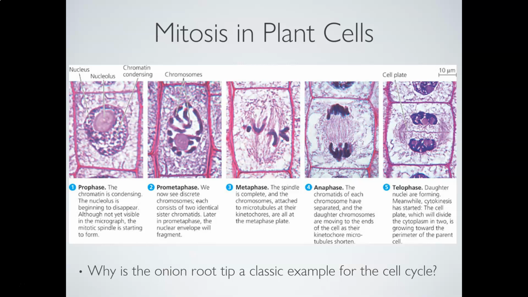It's a really good classic example because we're looking at the tip of an onion root. So it's an actively dividing region. It's easily accessible and stains really well. So we can see all of these different components here in the nuclei as they split apart. And then here you can see that cell plate starting to form as this cell is not only finishing telophase, but starting to go through cytokinesis as well.